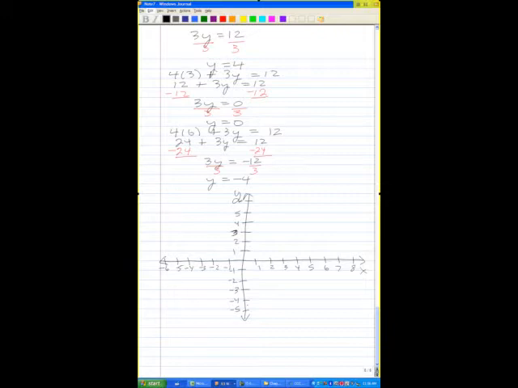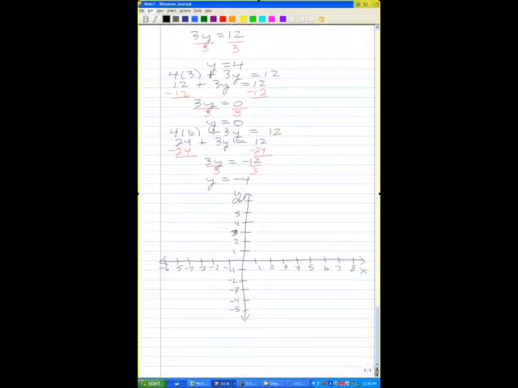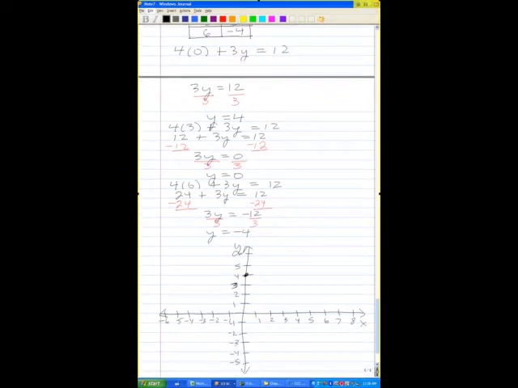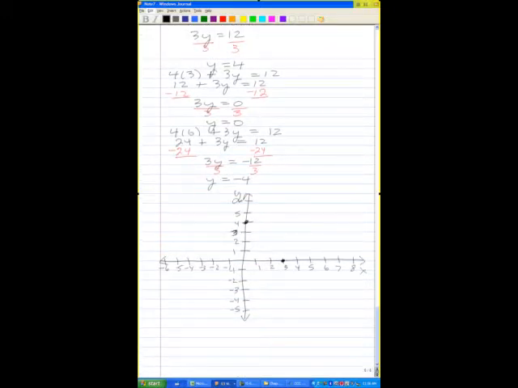Okay, so I'm here at 0, 4, the y-intercept. I am at 3, 0, x-intercept. And I am at 6, negative 4.